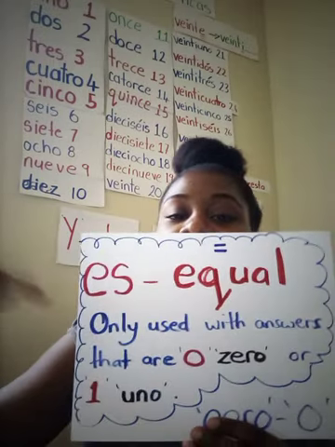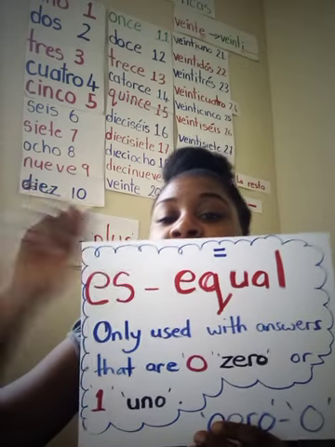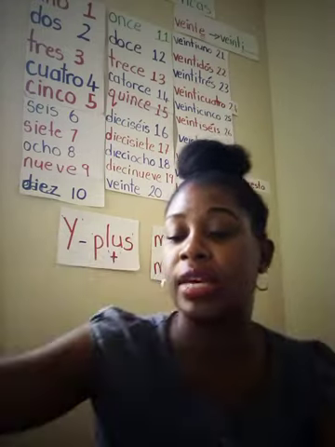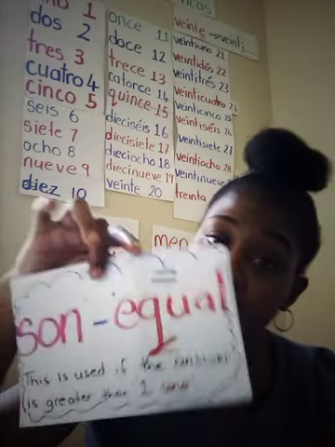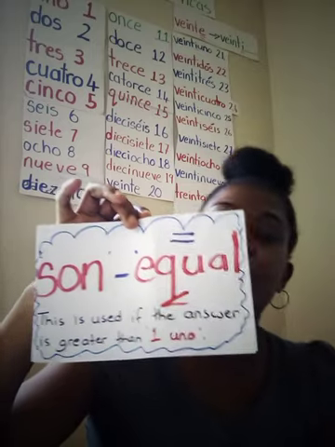However, es is only used for numbers or answers that are 1 and less. So once your answer is 1 or 0, you're going to use the word es for equal. But if your answer is bigger than 1, meaning 2, 3, 4, 5, 6, 7, 8, 9, 10, 11, you're going to use the word son for equal.